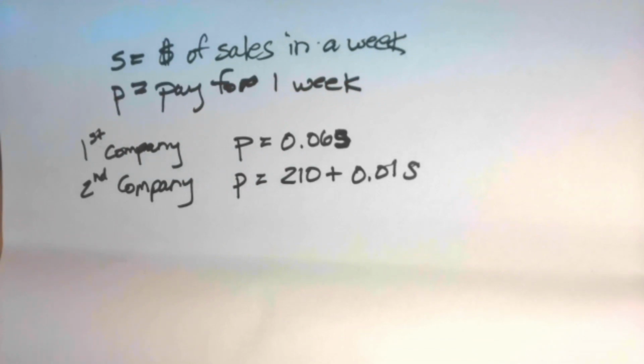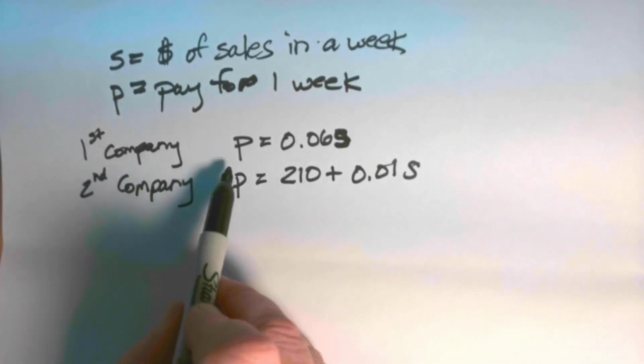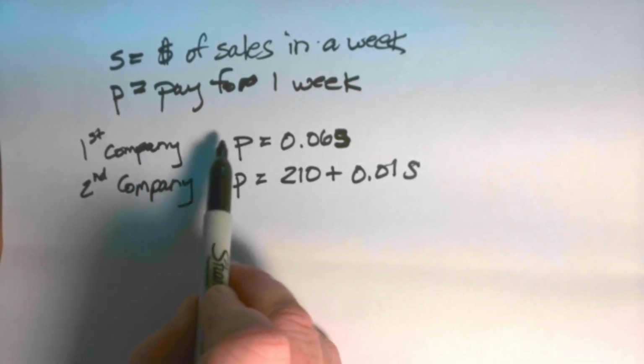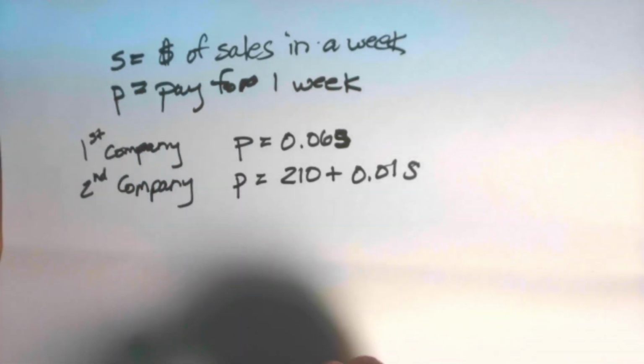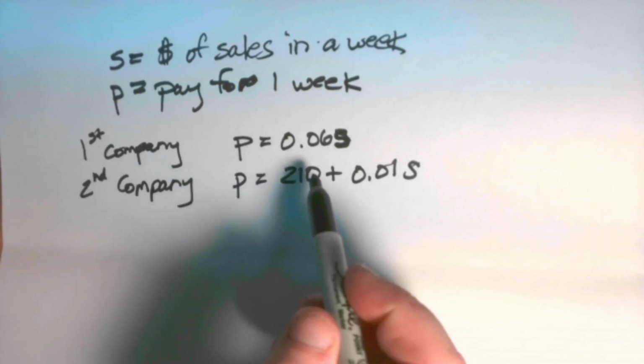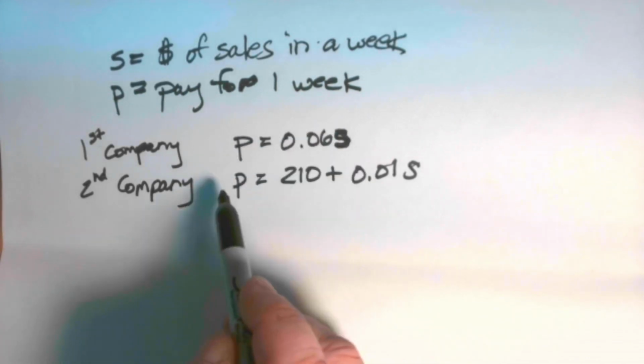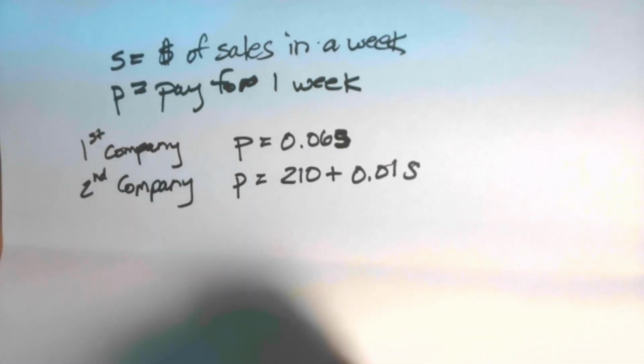Now, this system of equations is set up for substitution. The substitution process is really good for this one because I've got a variable all by itself. I've got that P, my pay, all by itself. And so with substitution, I can just take this second part of this equation and replace it for P in the second equation.